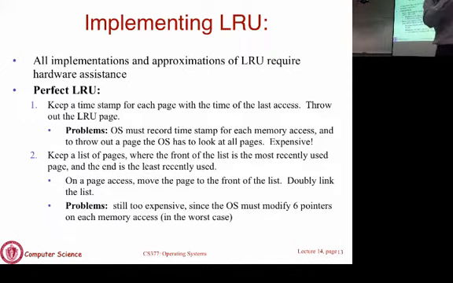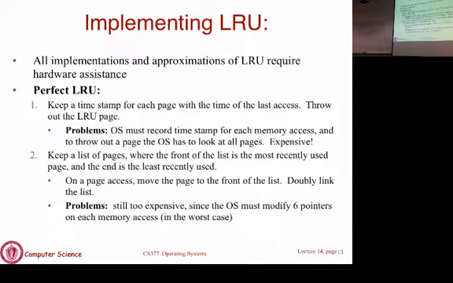So now you can ask what's the performance of keeping a doubly linked list of pages. Yes. Wouldn't this be the same problem? The point being made is, isn't it the same problem as the timestamp?